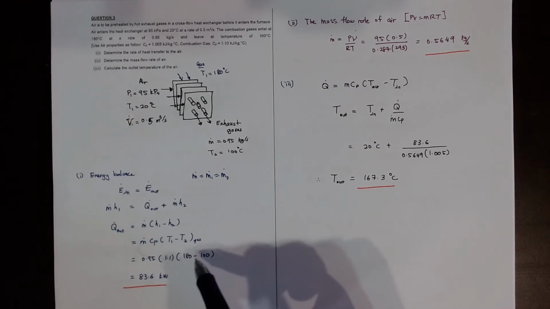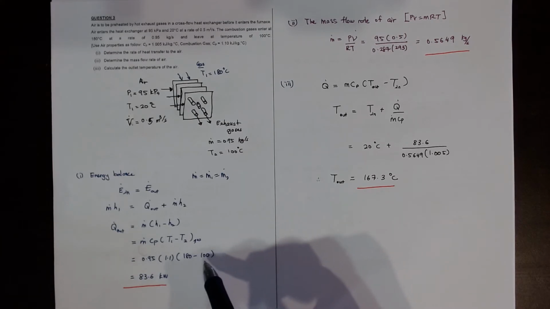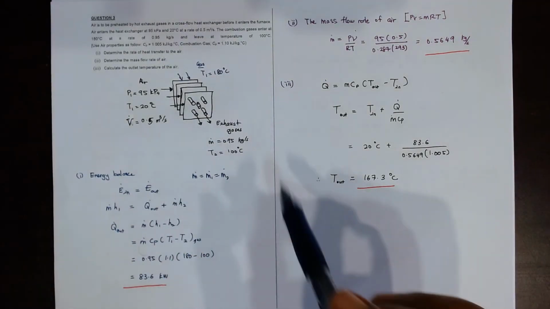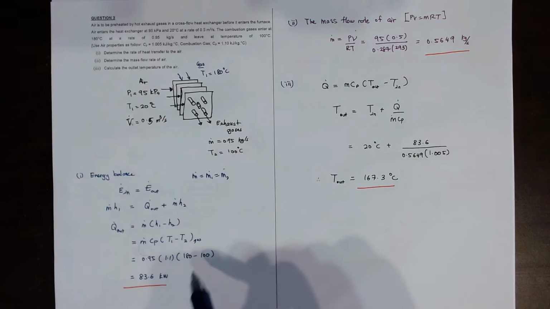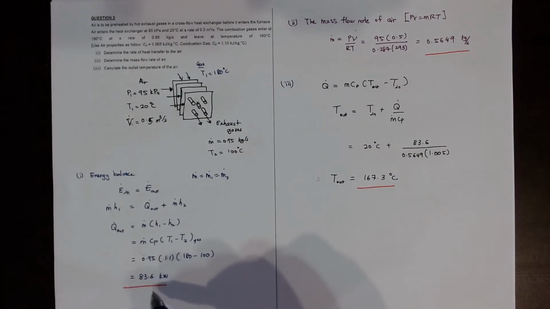Even if you convert, 180 plus 273 minus 100 plus 273 is still the same as 180 minus 100, so it's still 80. Both ways work, but the question says degree Celsius, so just use degree Celsius. So you got 83.6 kilowatt.